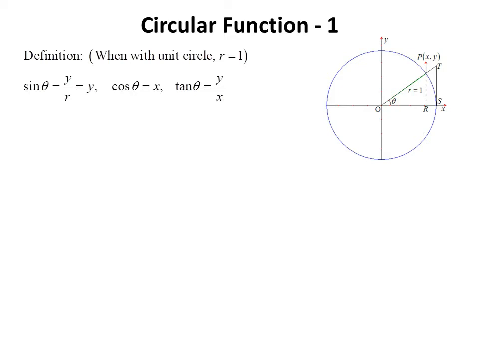Here, cosine theta is defined as the x-coordinate of the point P. Sine theta equals the y-coordinate, where theta is the angle measured as a positive angle anti-clockwise from the positive direction of the x-axis.